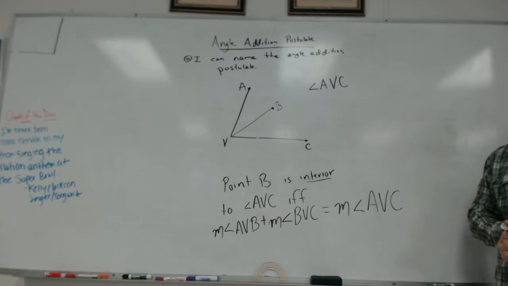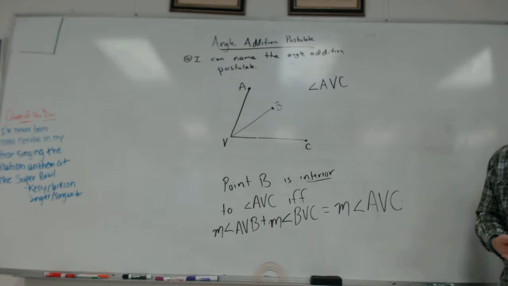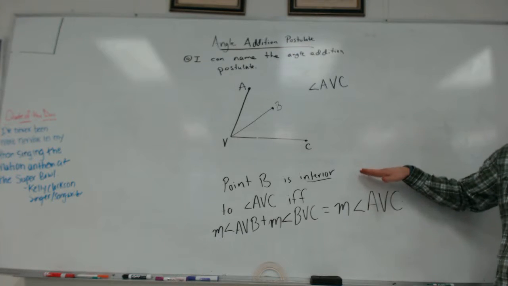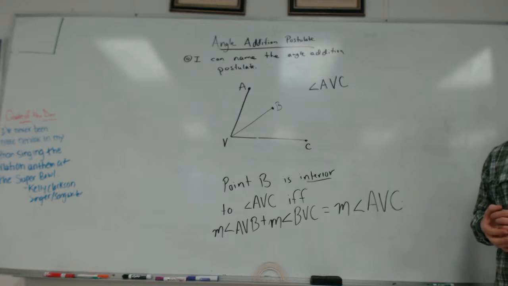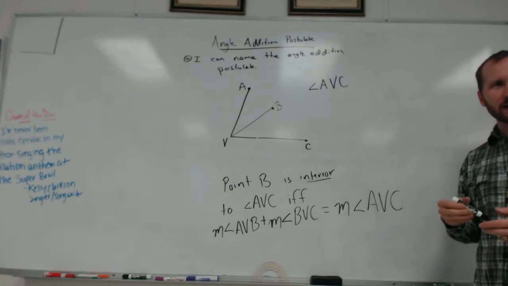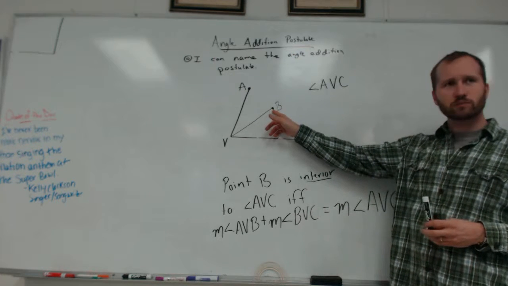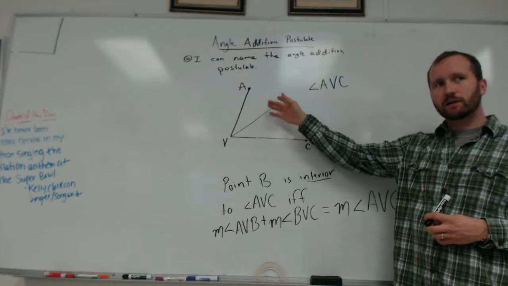Which is kind of a cool application of this angle addition postulate. We could almost think of this, instead of the angle addition postulate, as like the definition of an interior point. In a way, that's really what this is getting at.